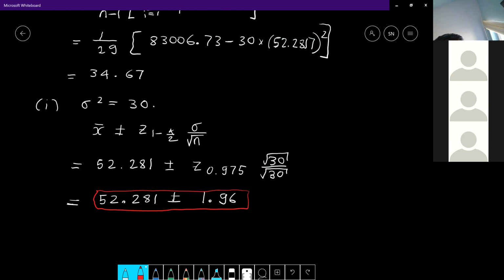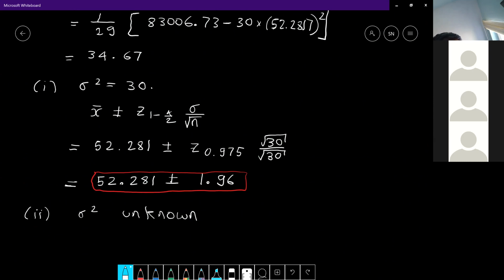Part two is this. In part two, we are assuming that the variance is unknown, right? So sigma squared is unknown. So in this case, the formula for the confidence interval for the mean is this one.